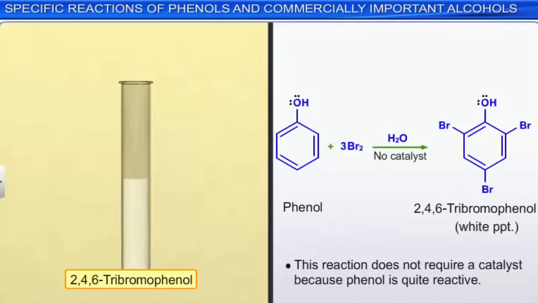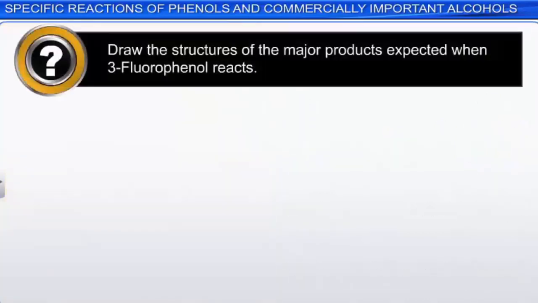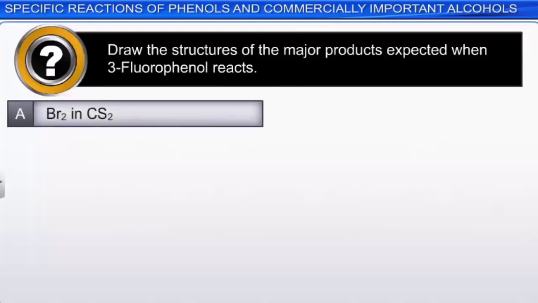Can you solve this problem on your own? Draw the structures of the major products expected when 3-fluorophenol reacts with bromine, in carbon disulfide, and with bromine water.